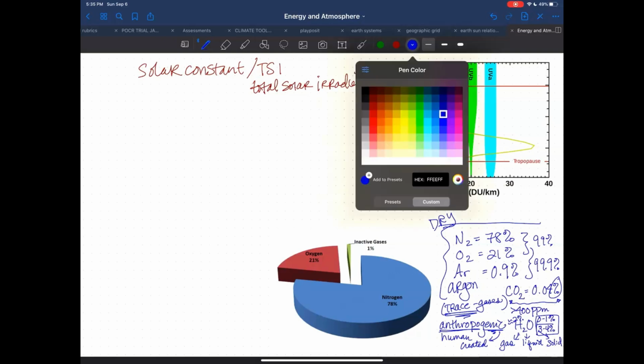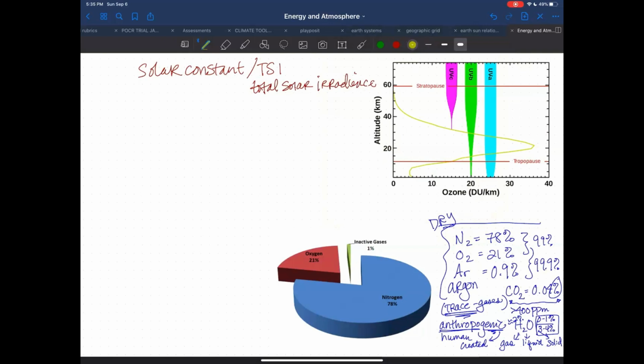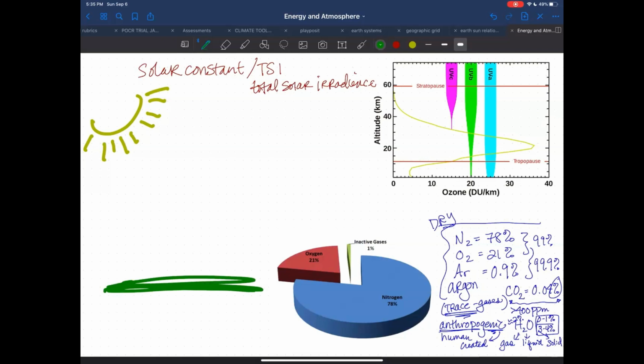So let's go ahead and draw the sun. It's kind of a greenish sun. And we have the Earth. And do you remember, for the sun, would you expect shortwave radiation or longwave radiation, depending on its temperature?